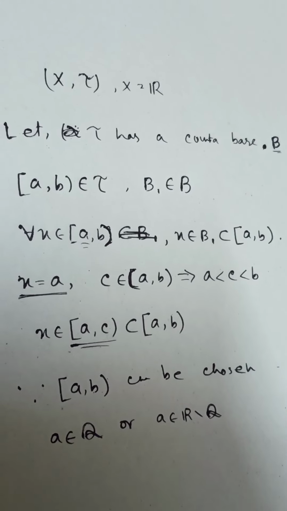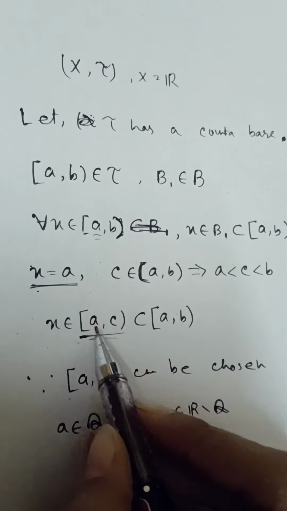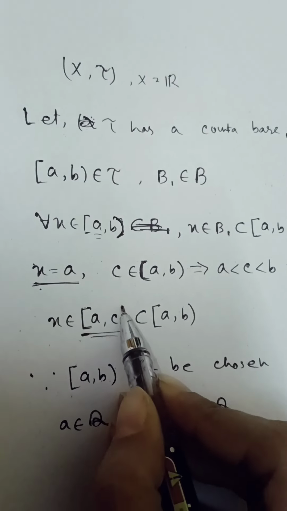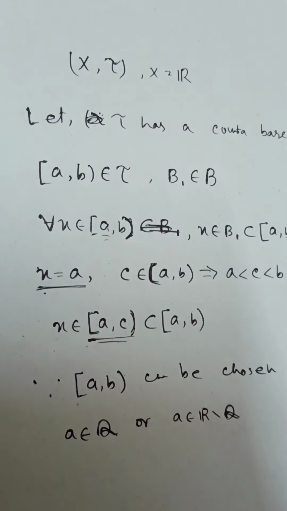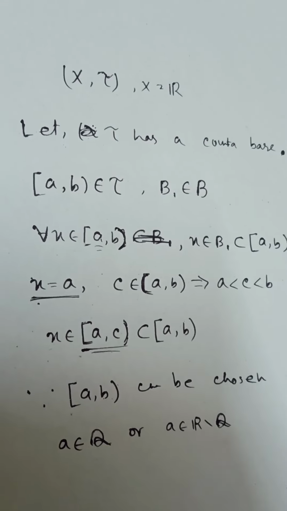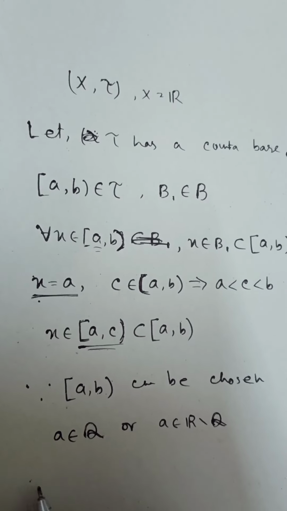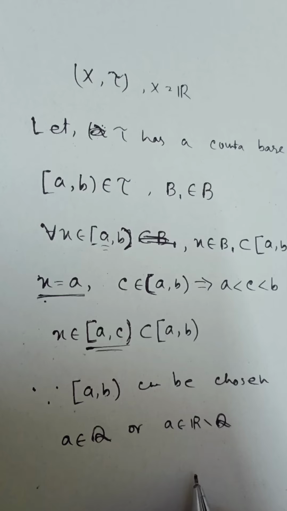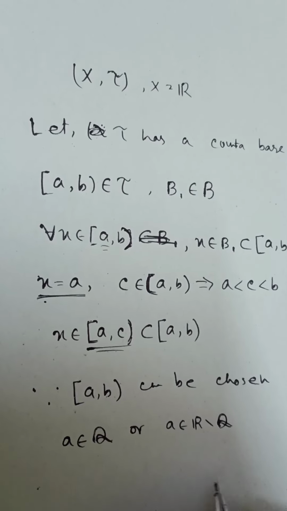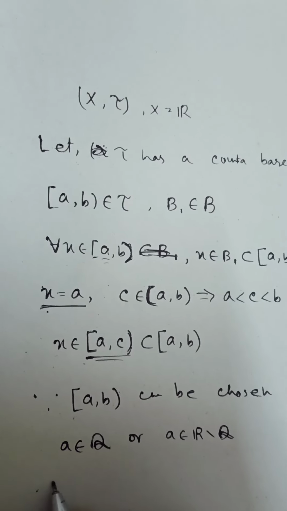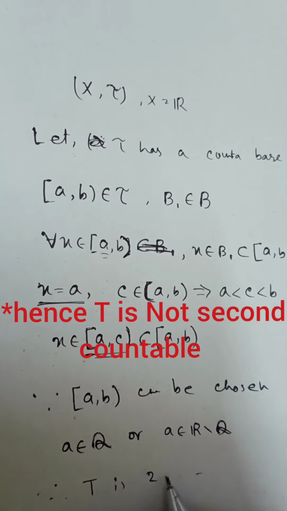So in that case, we cannot find a countable basis, since for each selection of x, there must be at least one interval containing x. So you have to write this logic and then say that this is how the basis cannot be countable. Since the set of irrationals is uncountable, hence the basis is uncountable, so tau is not second countable.